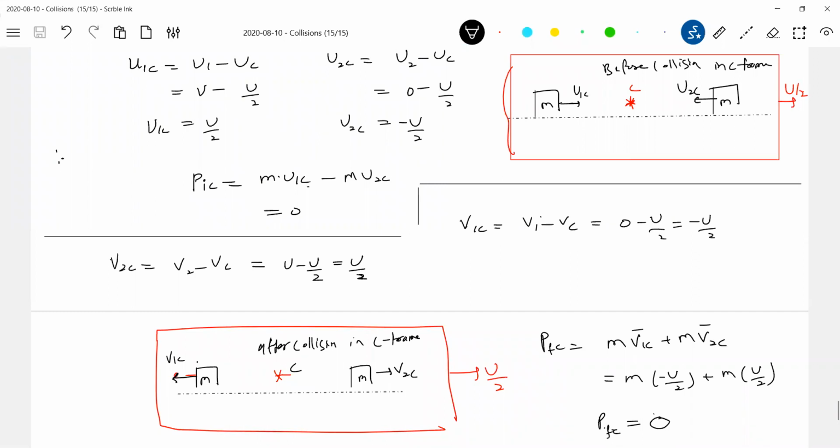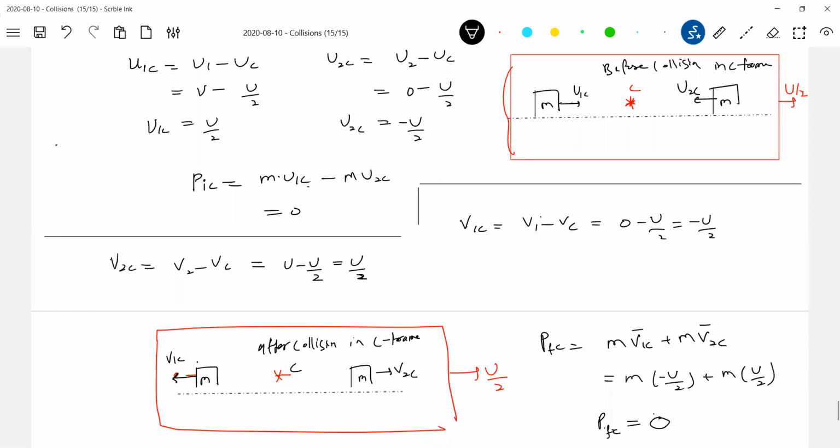Straight away we'll get answers. 2-dimensional collision, C frame is what's going to help you a lot. I'm giving the best information on this one. It'll be very easy for you to analyze the problem, and flexible also. Flexible means less mathematics, you can get answers very easily.